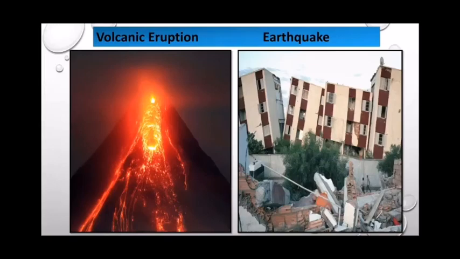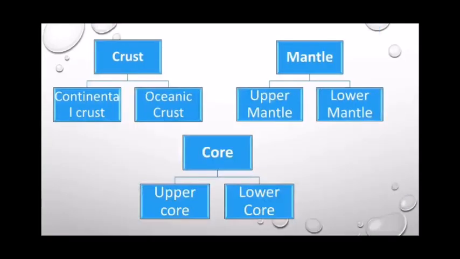While going from the earth's surface to its core, major changes occur in temperature and density. Density means thickness. According to these two elements, the earth's interior is divided into crust, mantle, and core.